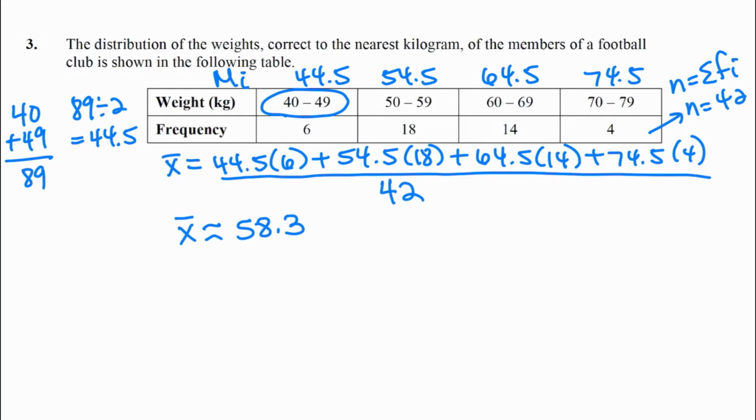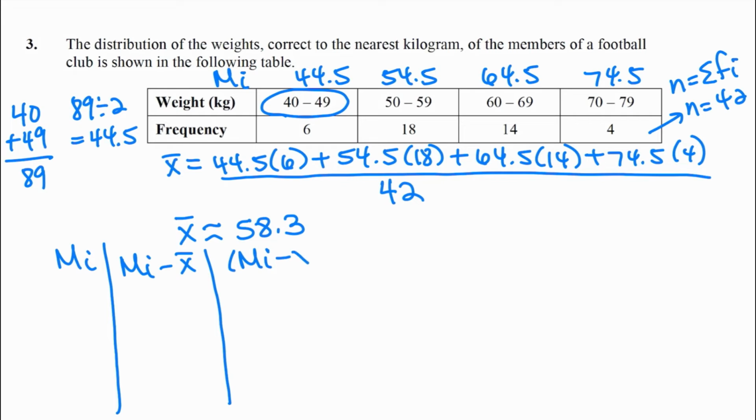Once I know that the mean is approximately equal to 58.3, I can go ahead and do my chart to show my work for variance and standard deviation. So what I'm going to do is list the midpoints. I'm going to subtract the midpoint minus the mean, just like I have in the past. I'm going to take that difference and I'm going to square it.